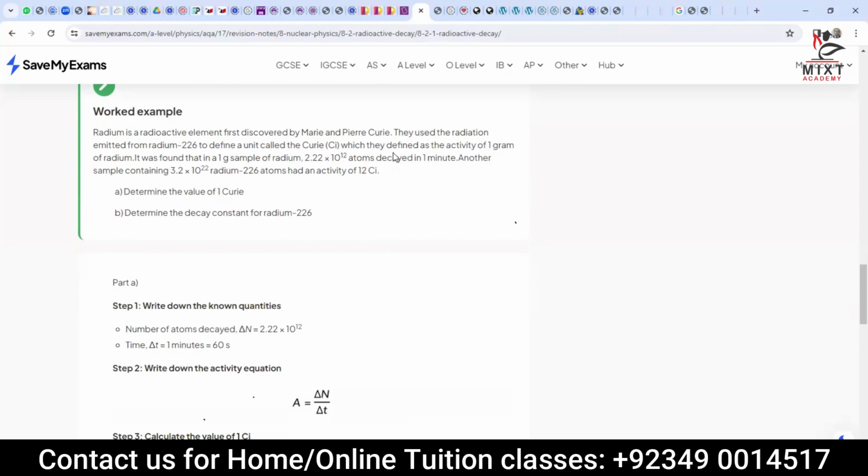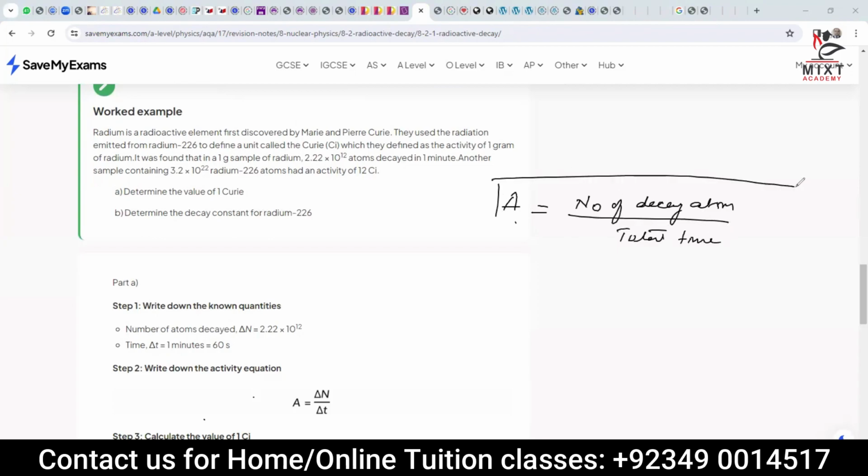the activity? The equation says that A is equal to the number of decayed atoms divided by the total time. So for you, this is a new formula now to find the activity. So what is the number of decayed atoms? 2.2 times 10 raised to the power 12, and time is 60.